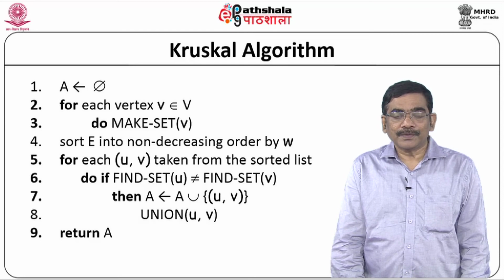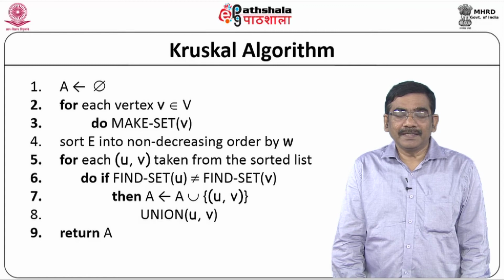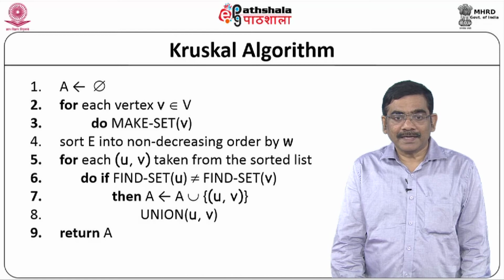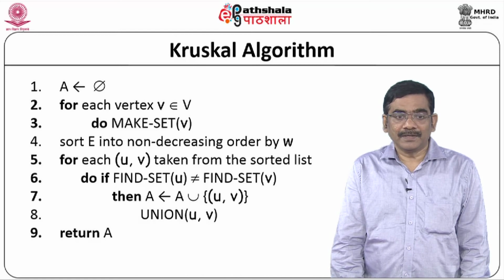I have to see whether it forms a cycle or not. This is the toughest part. Fortunately, disjoint set simplifies this problem. I can use find set u and find set v. If these are not equal, that means they are not forming any cycle, so I can add this edge and go for set union.